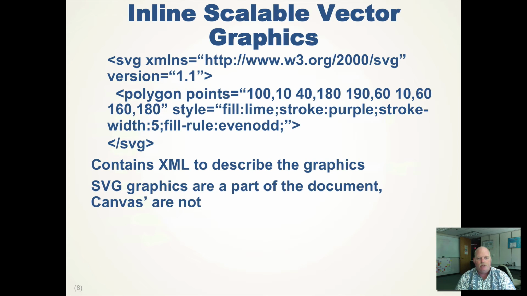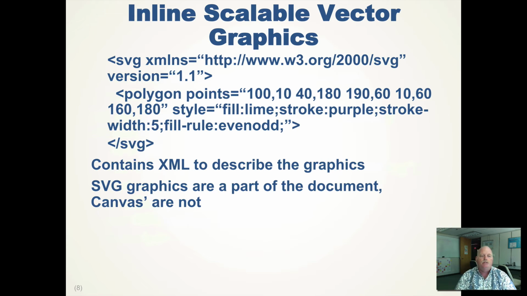The other type of graphics is a scalable vector graphic. It's an SVG tag. It's basically a tag that contains XML inside of it. What that means is that you create the tag, you give it the XML namespace, which defines the kinds of XML tags that are legal inside the tag.